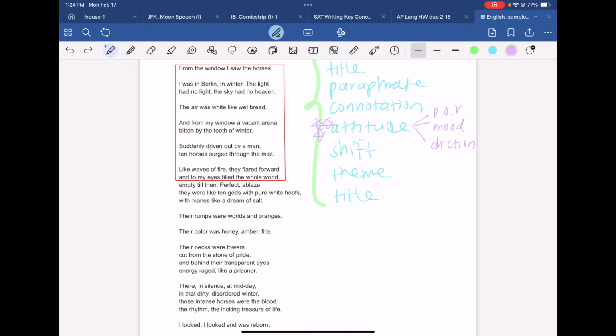So sometimes when we are in a social setting, for example, with friends, we like to be casual, whereas I'm giving a presentation right now, so I'm trying to be as formal as I can without using much of a colloquial phrase. And then we've got shift and theme and title, but for time's sake, I am going to move over to the actual interpretation of these first few stanzas.